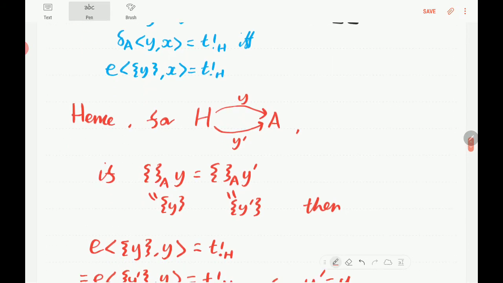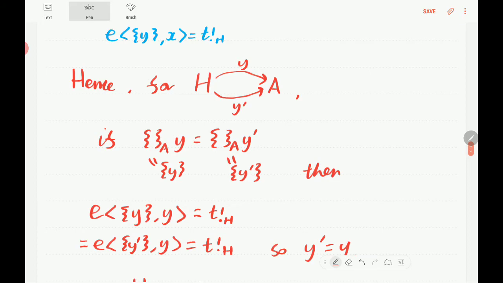We also get another interesting result. Suppose we have arrows y and y dash from h to a. We really want to show that curly bracket subscript a is a monomorphism. So suppose we've got two parallel arrows coming into a, y and y dash, and let's now suppose that doing curly bracket subscript a on y gives the same result as doing curly bracket subscript a on y dash.